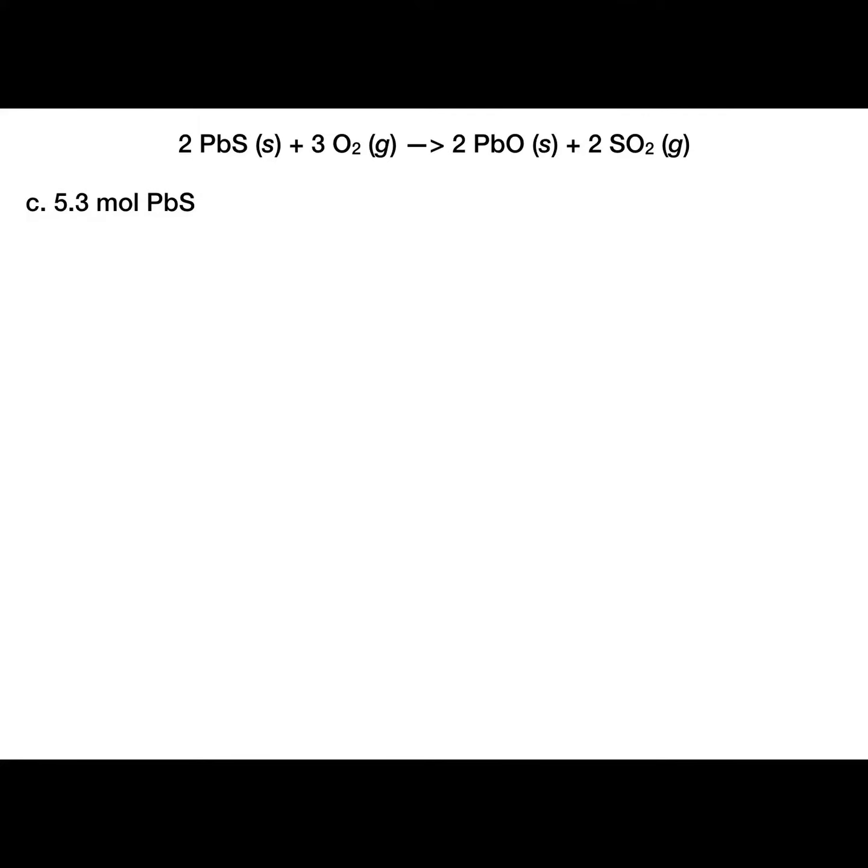Next, it's asking how many moles are formed when we are given 5.3 moles of PbS. So first, let's figure out how many moles of PbO are formed. So we always start with what we are given, which is the 5.3 moles of PbS times, now we're doing moles of PbO, so there is 2 moles of PbO for every 2 moles of PbS.